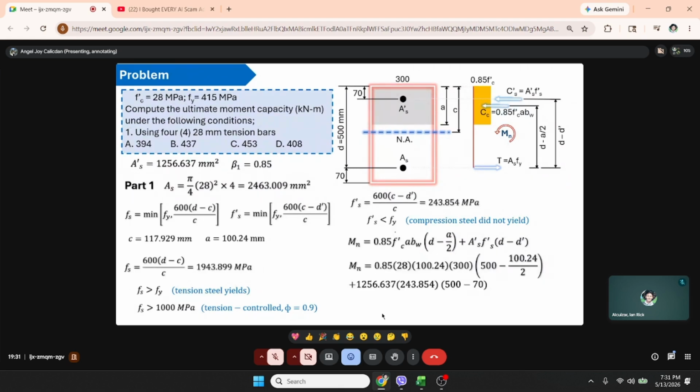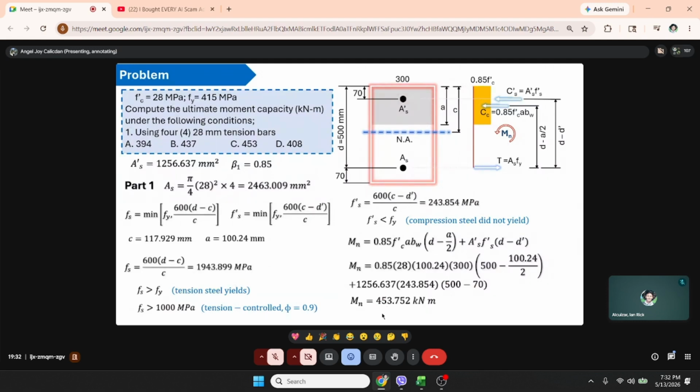So, substituting, Fc prime is 28, a is 100.24, beam width is 300, AS prime is 1,256.637 times Fs prime times d minus d prime.